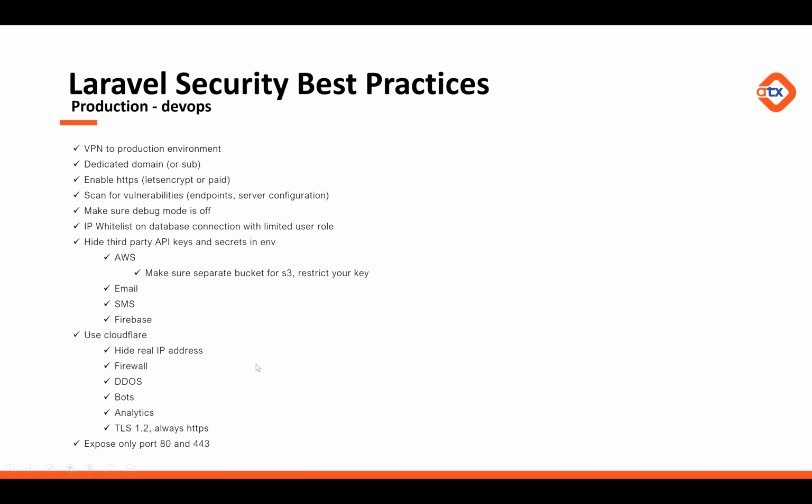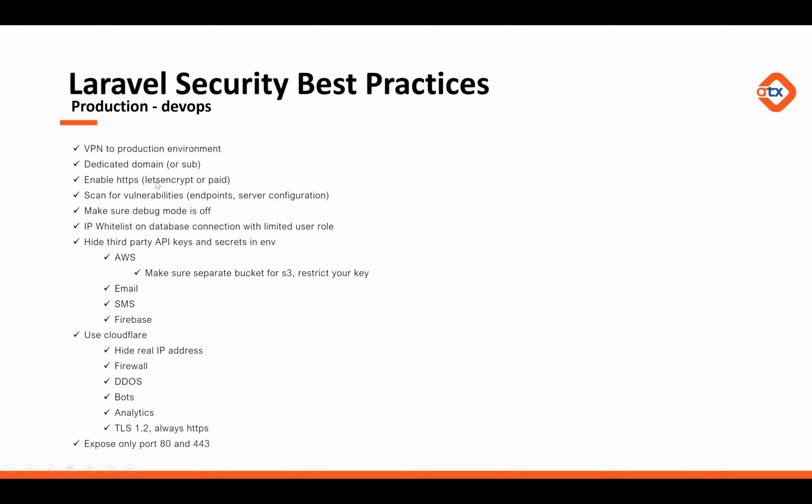So, okay, when deploying to production, first you need to make sure that on your production environment, your firewall only exposes what we call necessary ports. In case of Laravel, I think port 80 and also HTTPS 443.